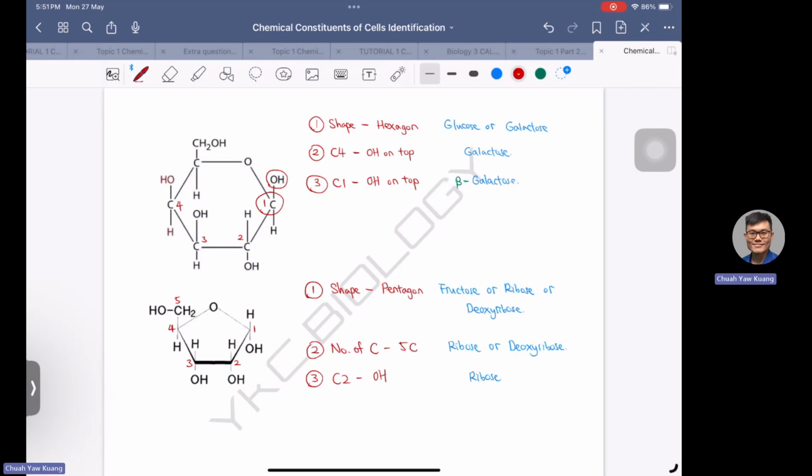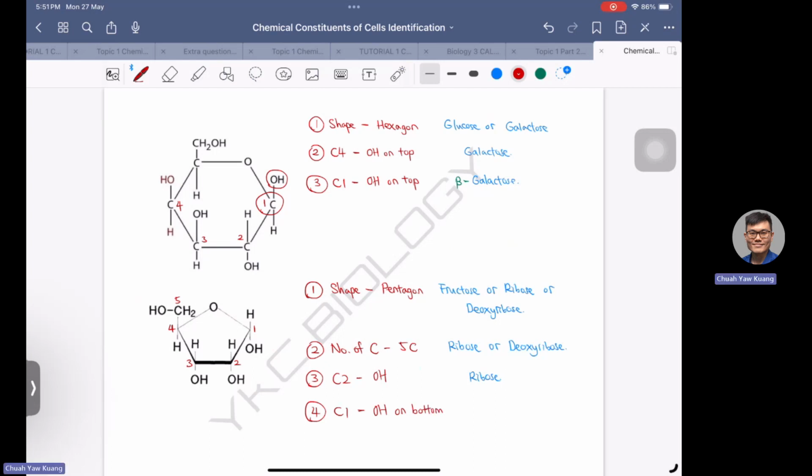And then if you want, you can move to step number 4. Step number 4 is we will look at carbon number 1. Carbon number 1 shows that the OH is at the bottom plane.